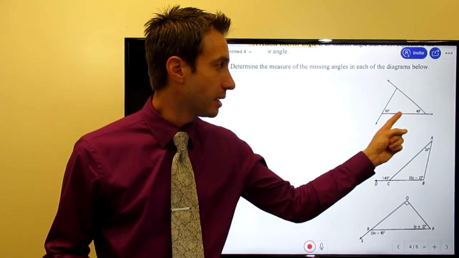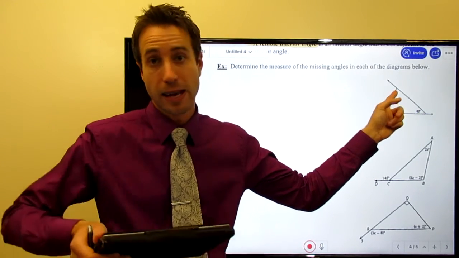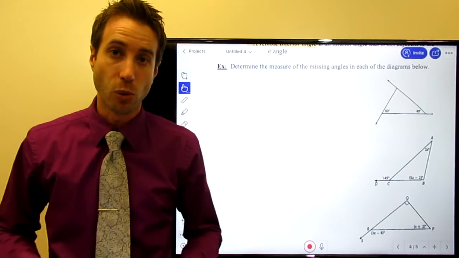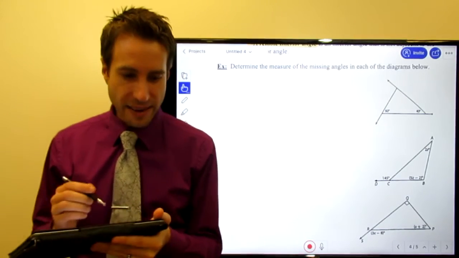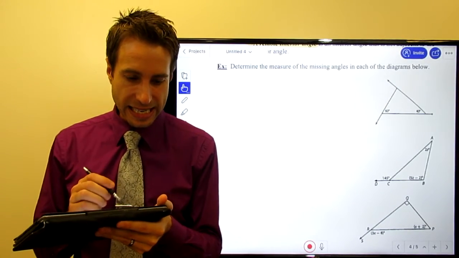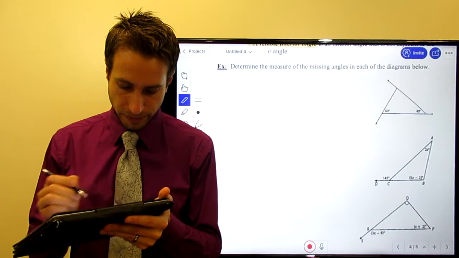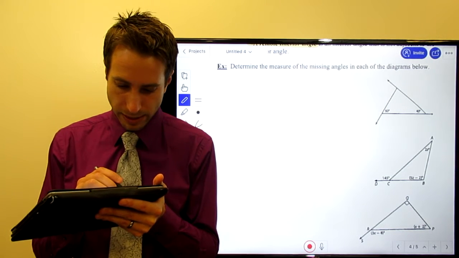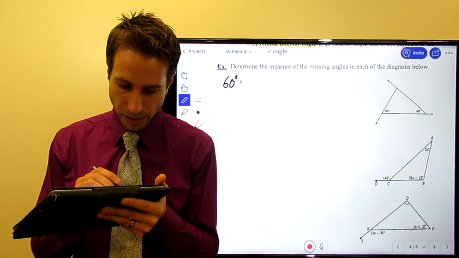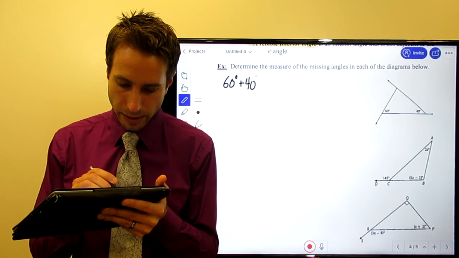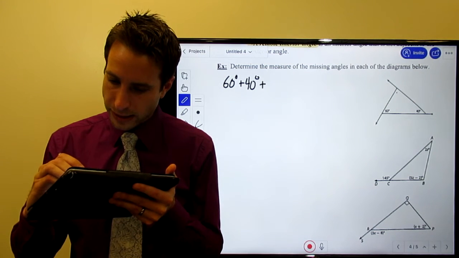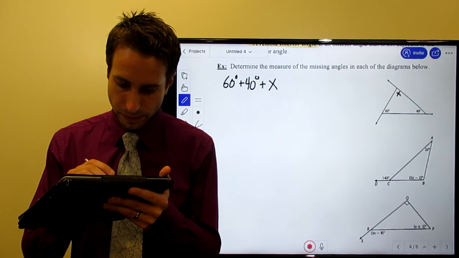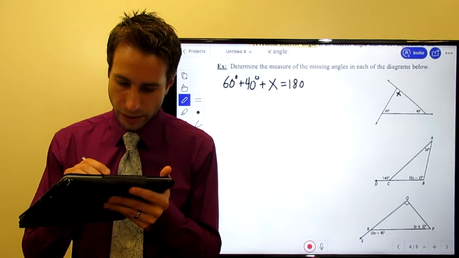Well, 60 plus 40 plus, I don't know, has to sum to what? Yeah, you got it. They have to sum to 180 degrees. So I know that 60 plus 40 plus, let's throw an x in there, plus x have to equal 180 degrees.